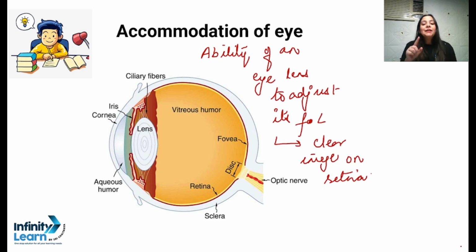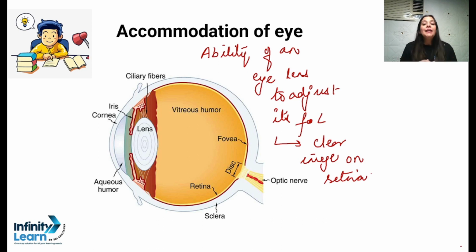Focal length means the distance between the object that you are seeing and your lens. So the ability of an eye lens to adjust its focal length in order to obtain a clear image on the retina is called accommodation of an eye.